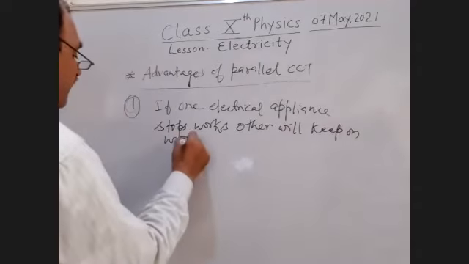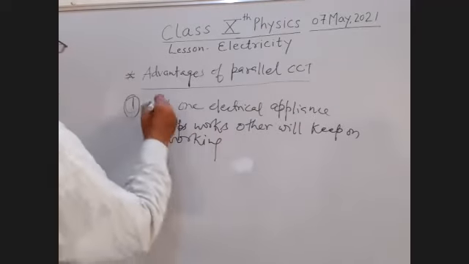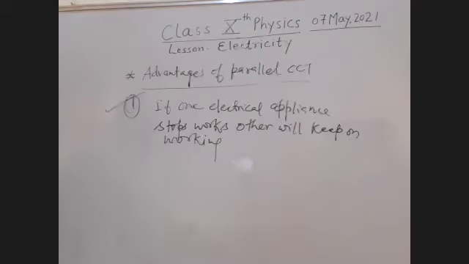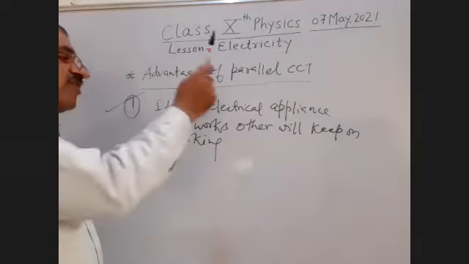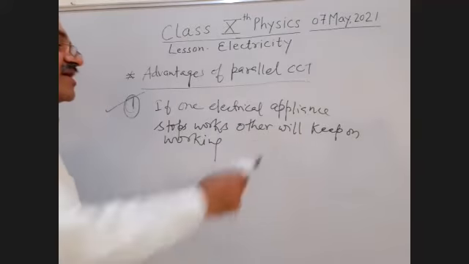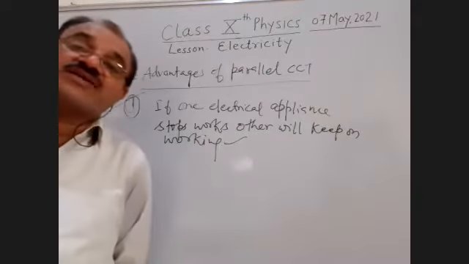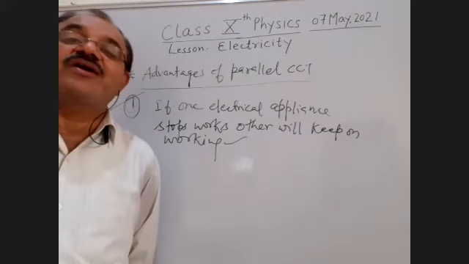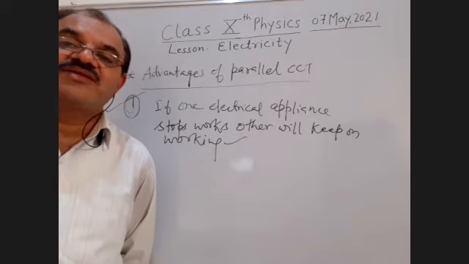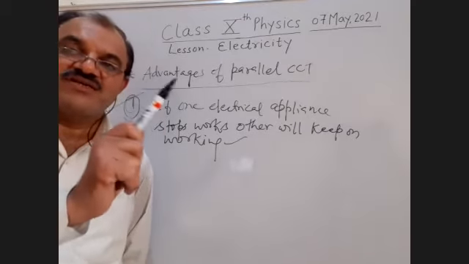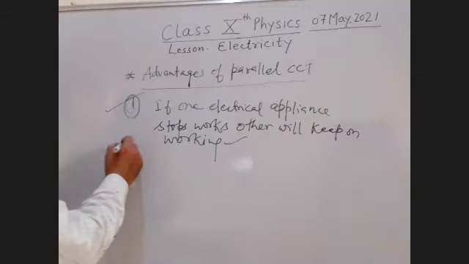Is it clear, students? First point, very important. If one electrical appliance stops working, the other electrical appliances will keep on working, meaning the other will not be affected, it will keep doing its work. This is the first advantage. Is it clear, students? Now, what will the second advantage be?